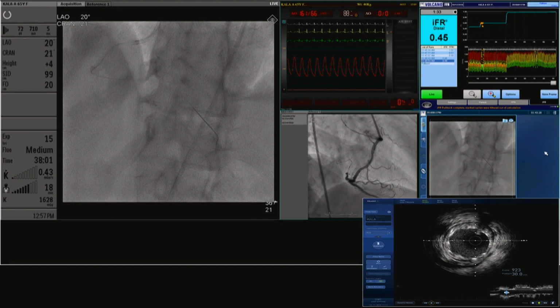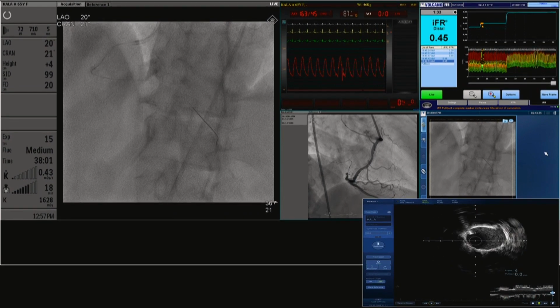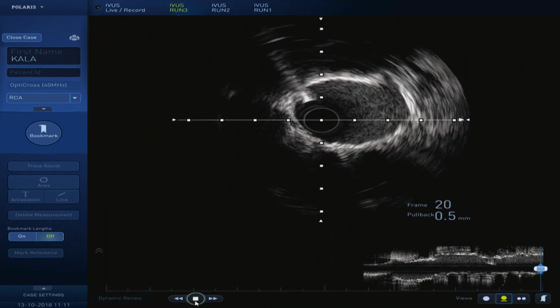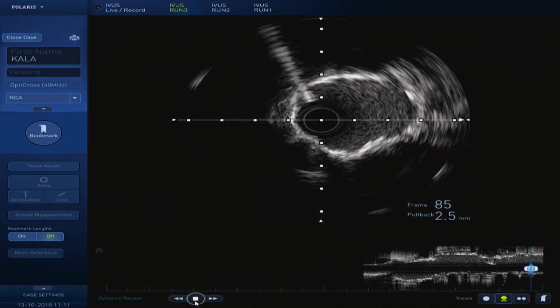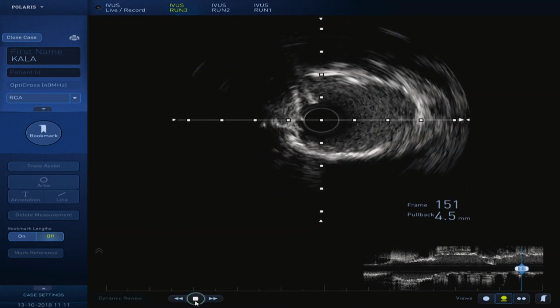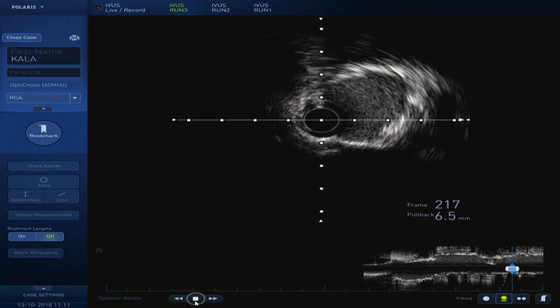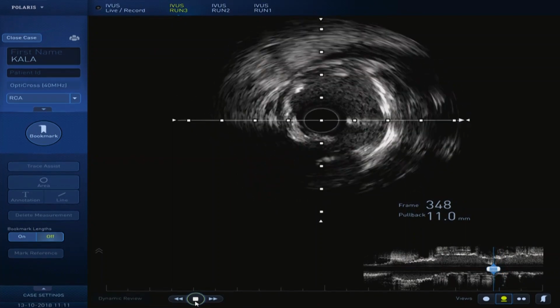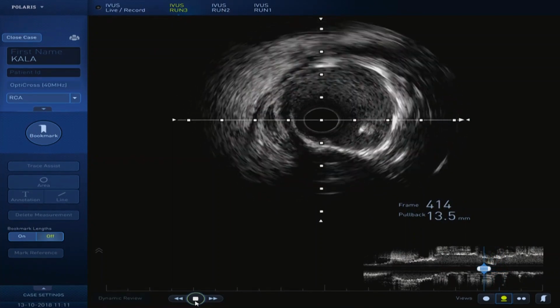So let me just show you the IVUS. This is the IVUS with the stent implanted. So if you just go distal. So if you can show the IVUS on the screen, can you see the pullback? Okay. So this is just distal to the stent.